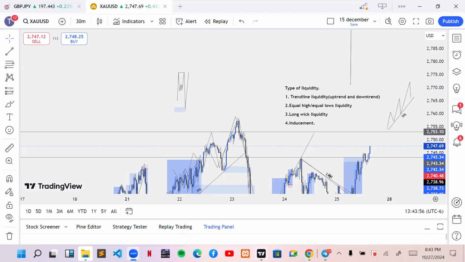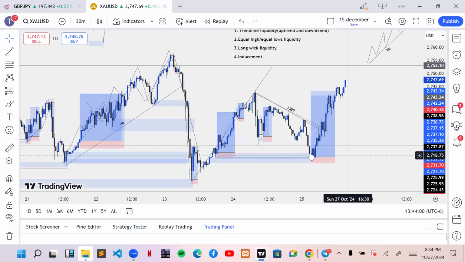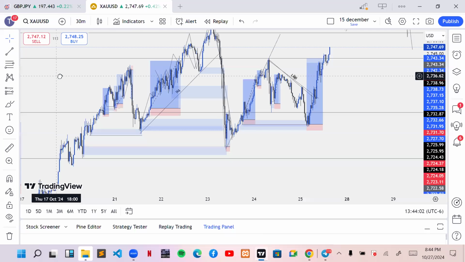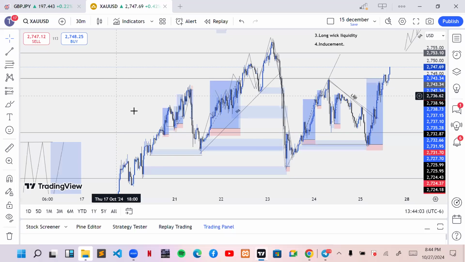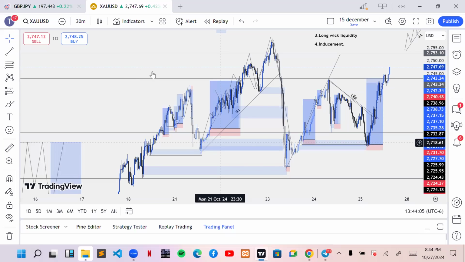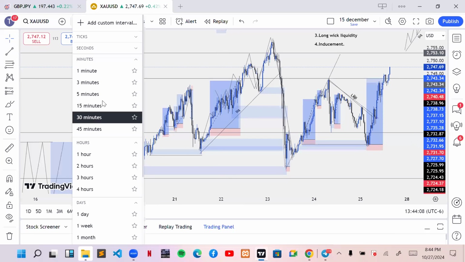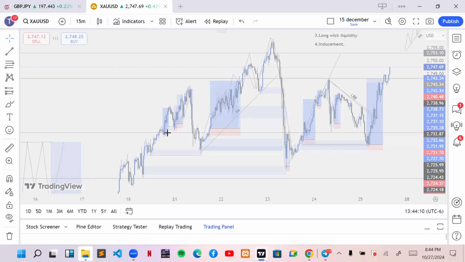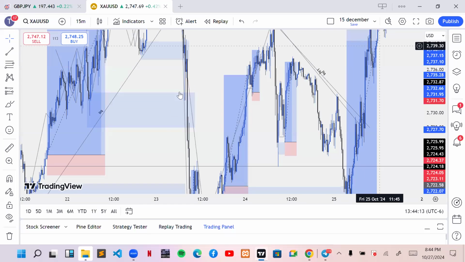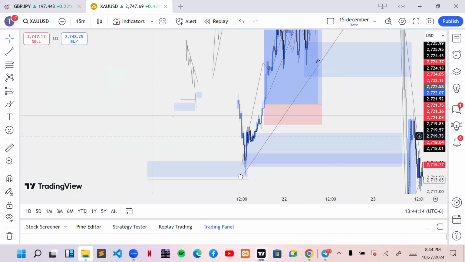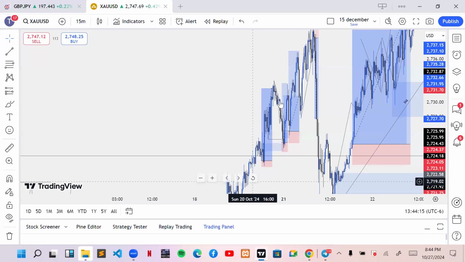My buy setup on gold, the three consecutive buys that I had on gold. Okay, where is it safe? The buy setup I had on gold is from here.